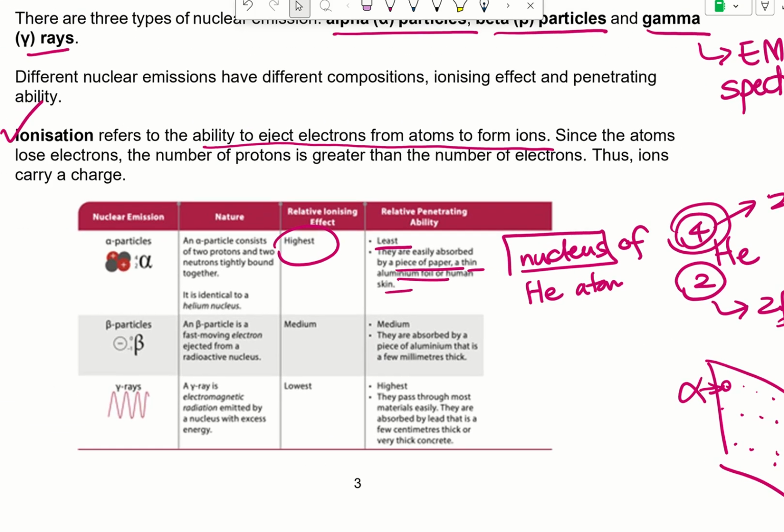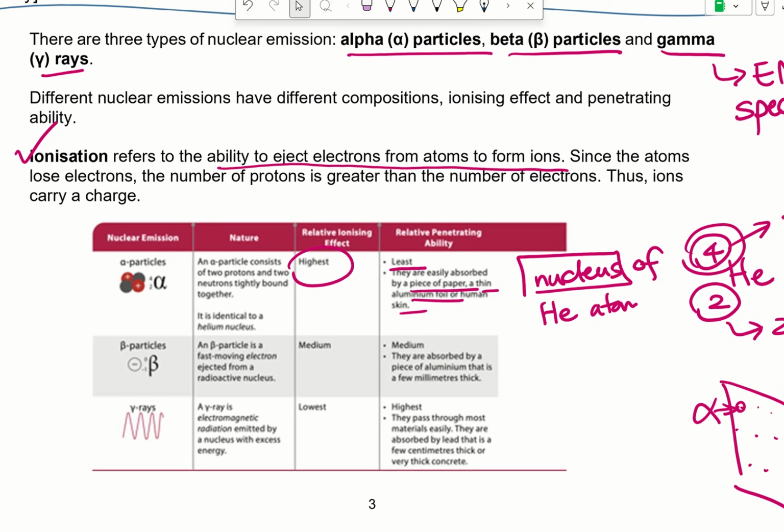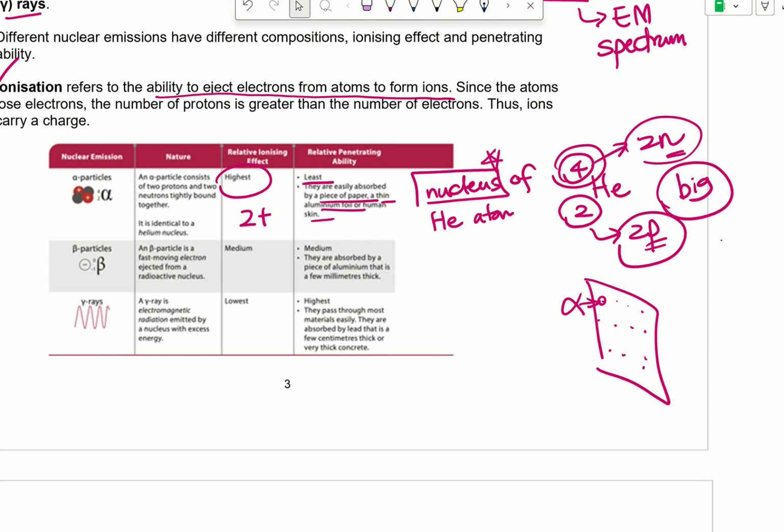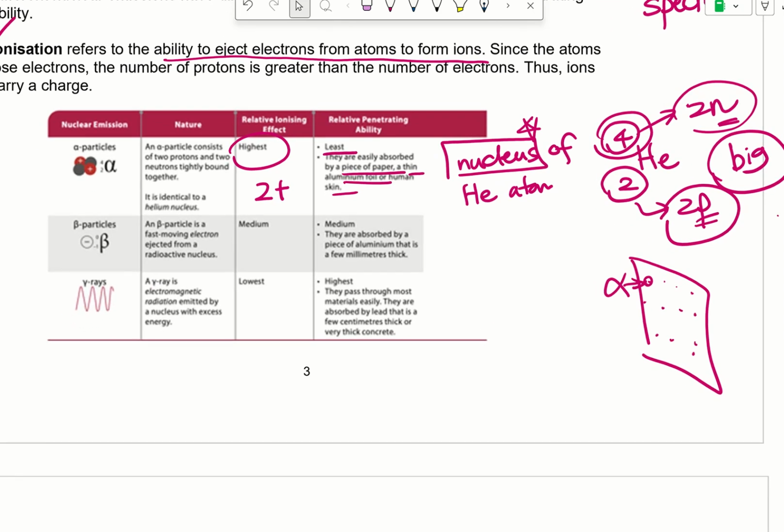Now, what is ionizing? It refers to the ability to eject electrons, and because it has a charge of 2+, right? Because I have 2 protons, I don't care about the electrons because I'm just talking about the nucleus. And neutrons have no charge, right? So it has a charge of 2+, and that gives it the strongest ability to eject electrons from atoms.